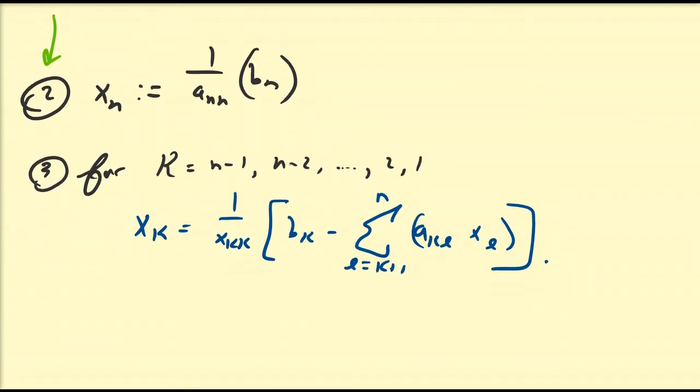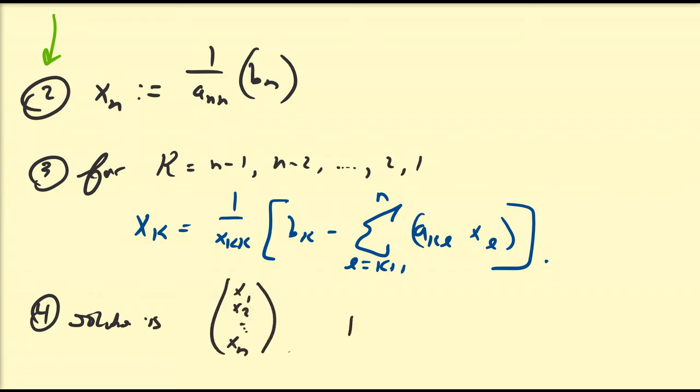And that pretty much gives us the solution, right? So the solution is x_1, x_2 down to x_n, right?